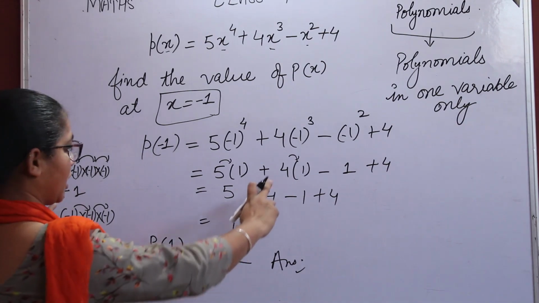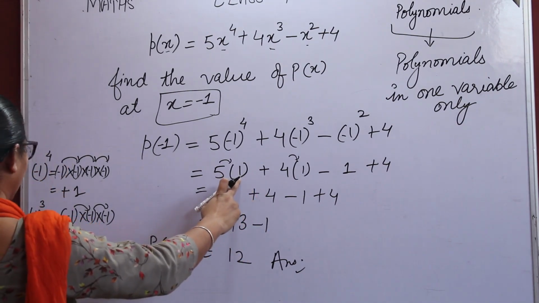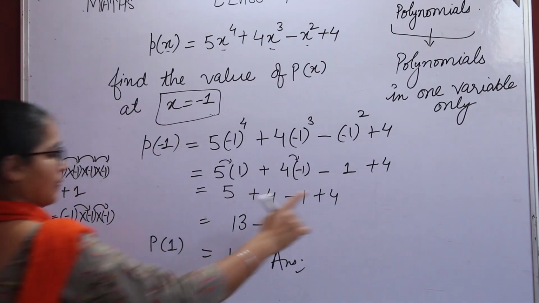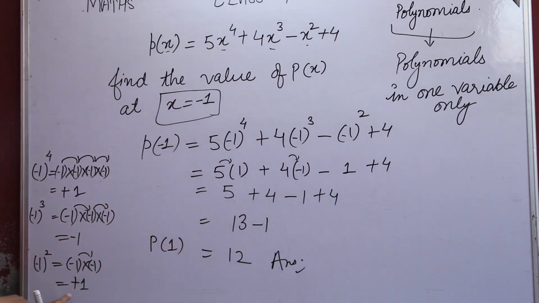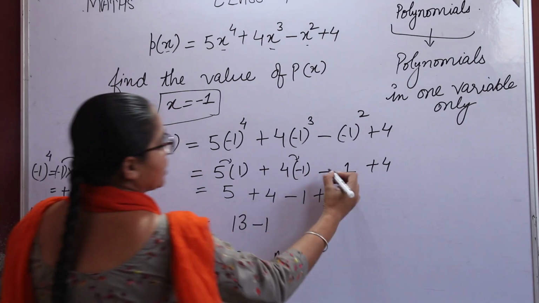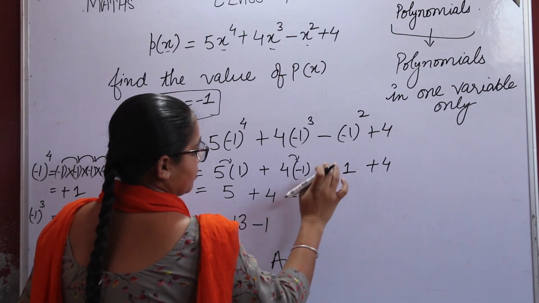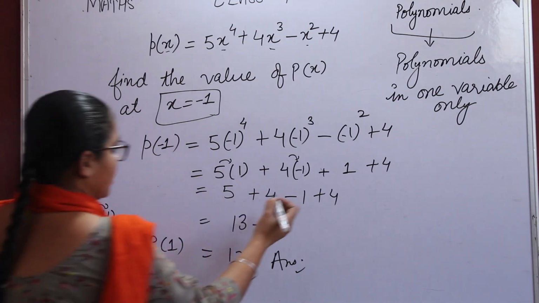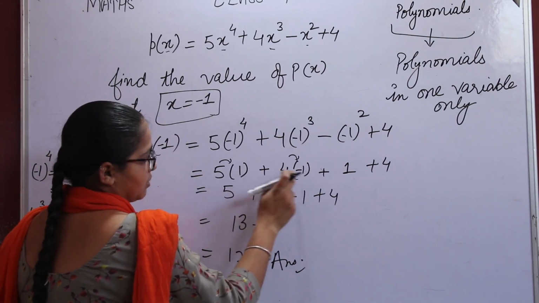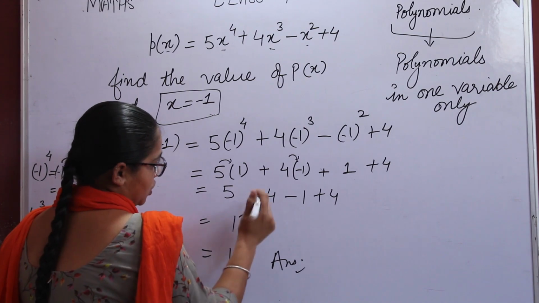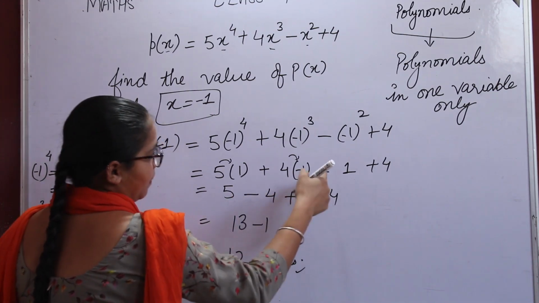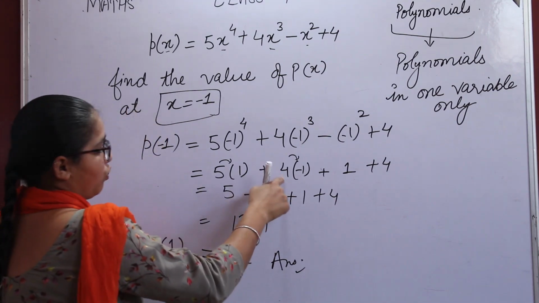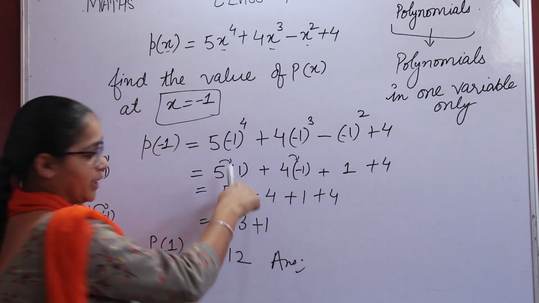So now over here you can replace your values: plus 1 only, then here minus 1, then minus 1 squared is plus 1. Got it? So next, here 4 ones are 4, and plus minus minus, the symbols will change. Here 1 was plus, so I kept 1 plus, and here 4 ones are 4, with plus times minus giving a minus symbol.